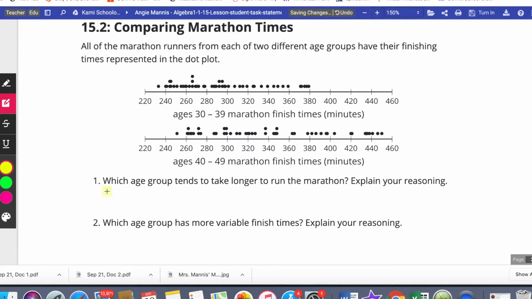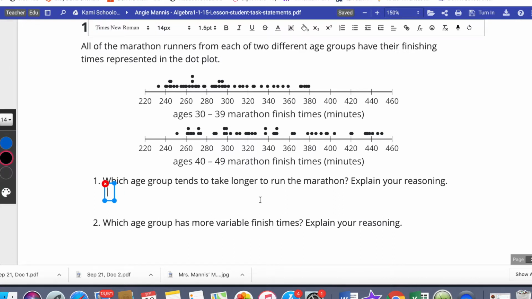All right, so looking at this, well, that's not what I want to do. Let me undo. Text box. And we can say the runners ages 40 to 49 are slower because they have a greater median.